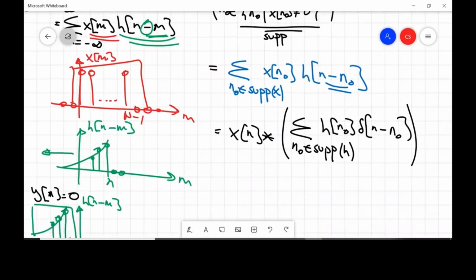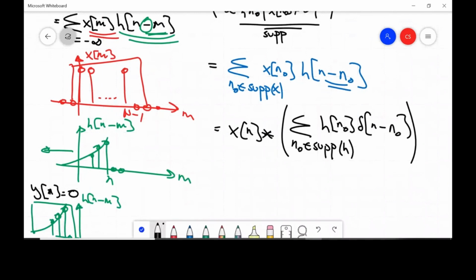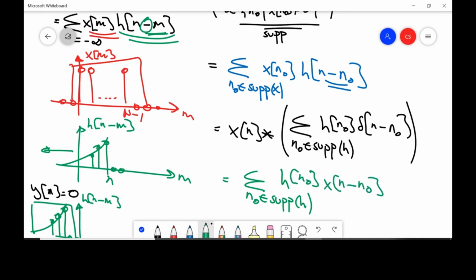And this is the same as the sum over the support of h, and x displaced to that location. So it will be h of n0, and then x shifted to that location.